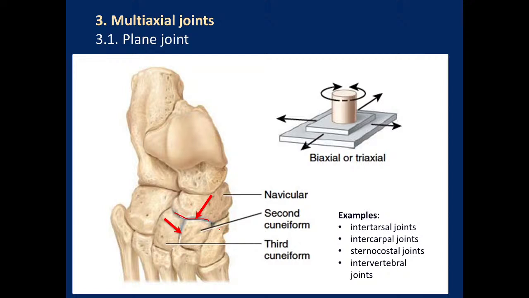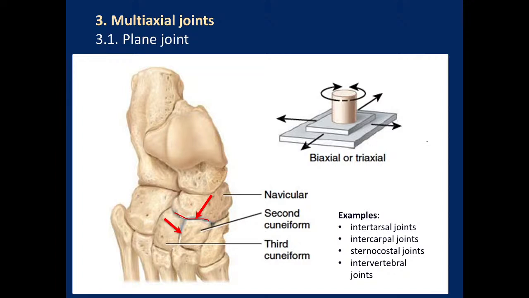Sometimes we find a lot of plane joints in the carpus, which is a part of our hand, as well as in the joints between the head of the ribs and the vertebra, or the tubercle on the rib and the surface on the transverse process of the vertebra.